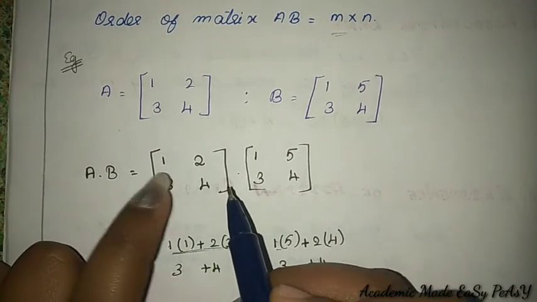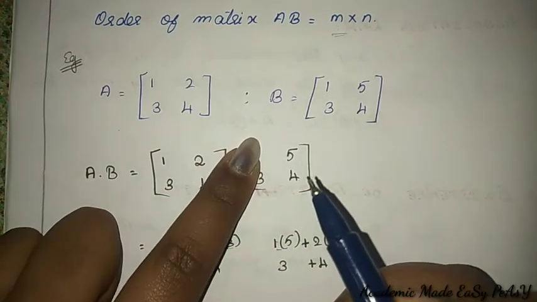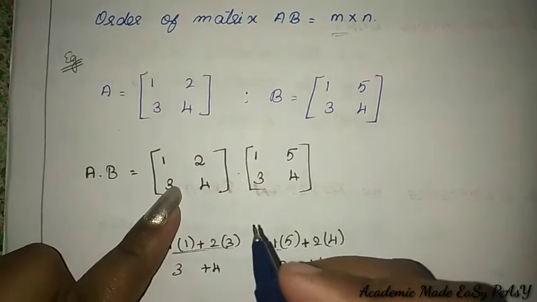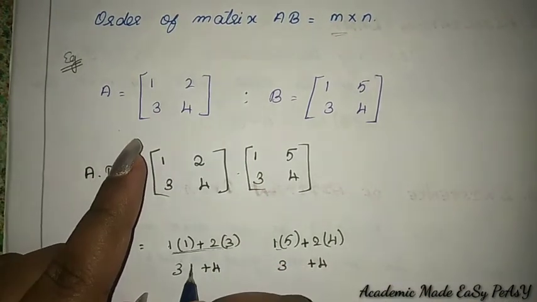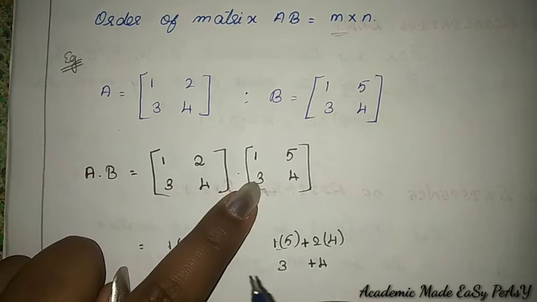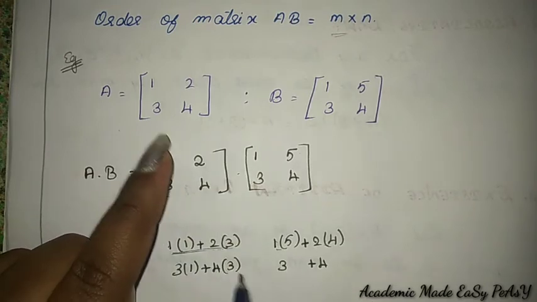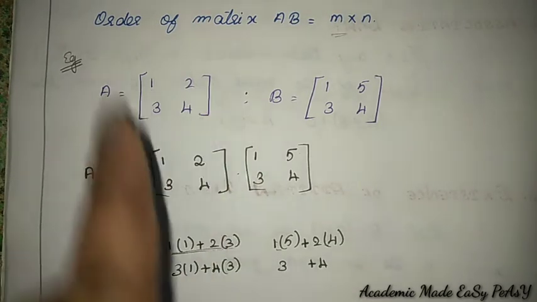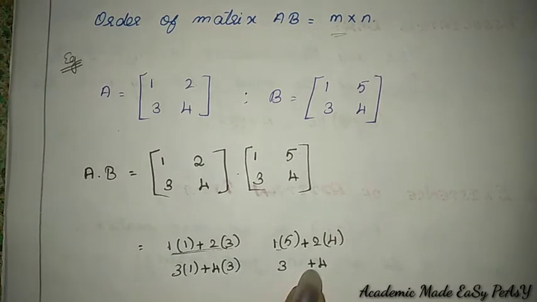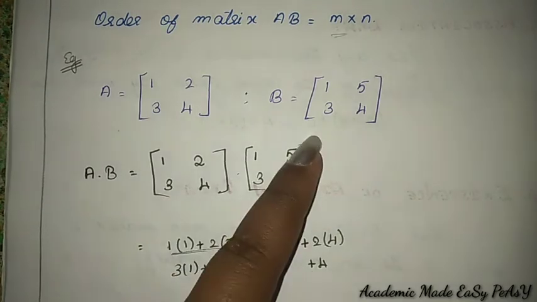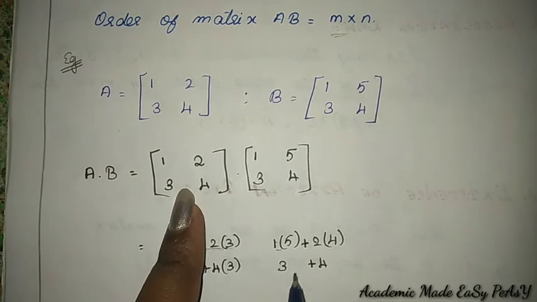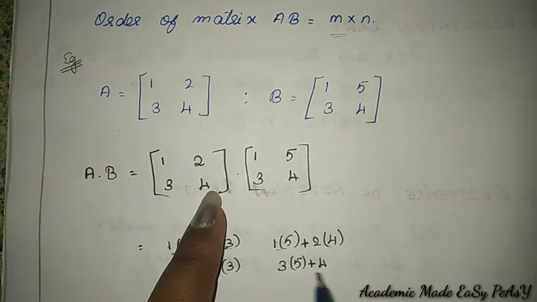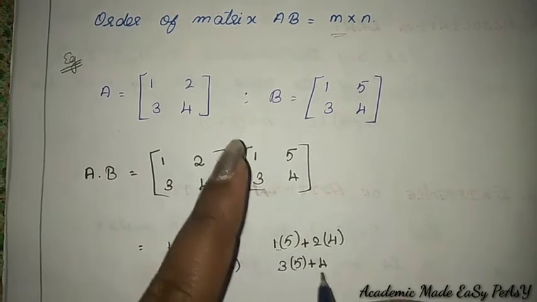Second row, first time you will go with the first column. So 3 into 1, 4 into 3. Next you will go for the second column. That time you will multiply with the second column. So 3 into 5 plus 4 into 4.